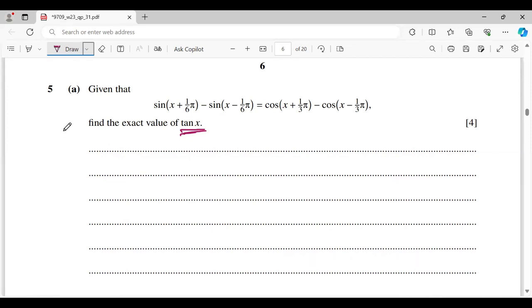Based on trigonometrical formulas, I'm going to write here that sine of a plus b is equivalent to sine a cosine b plus cosine a sine b.